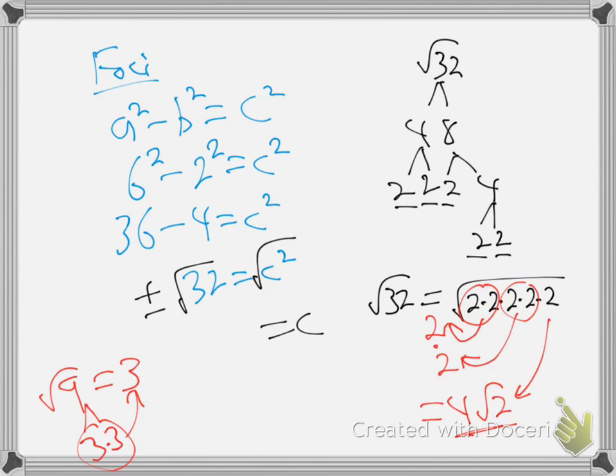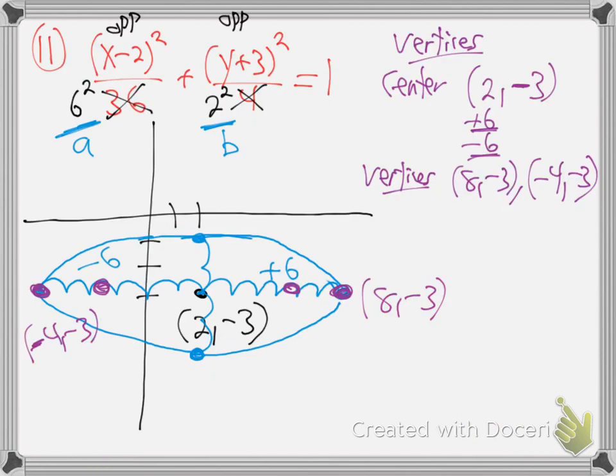So we go back and say, okay, C is plus or minus 4 root 2. What is C again? It's the distance from the center. Remember, the center is the jumping off point. From the center, either right, left, or up, down, whichever direction's bigger. In our case, right, left. So A and B are distances to the edges. C is the distance to the focus points.